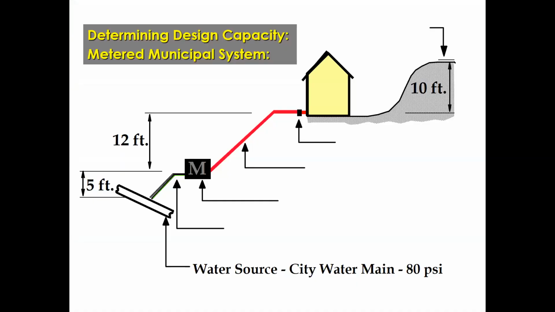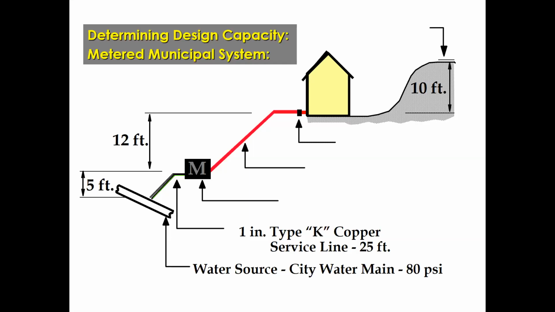All right, so determining design capacity, our metered municipal system. So we have that first pipe, so that's our water source. So our city main, let's say it's going to be 80 PSI. Our second one is going to be our service line. So we're taking it from our water source, which is the city main, to our meter.